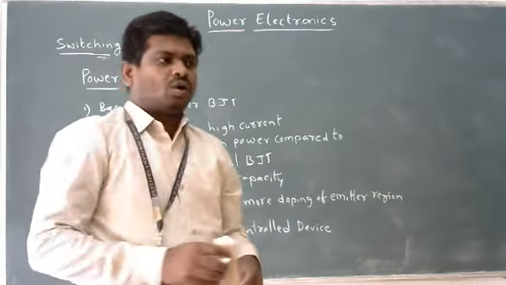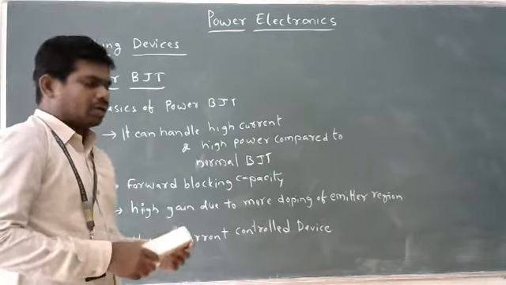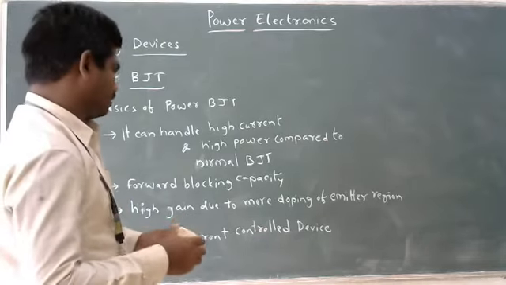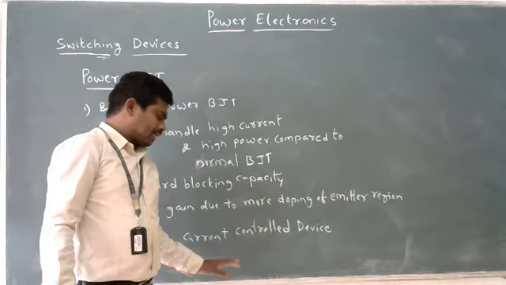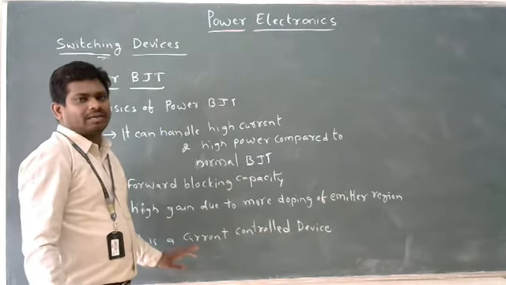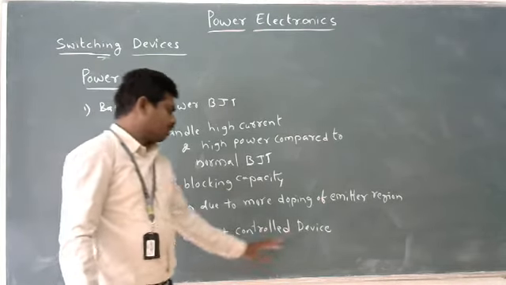That means the output current is controlled by the given input current. When the output current is controlled by the given input current, the device is called a current control device.